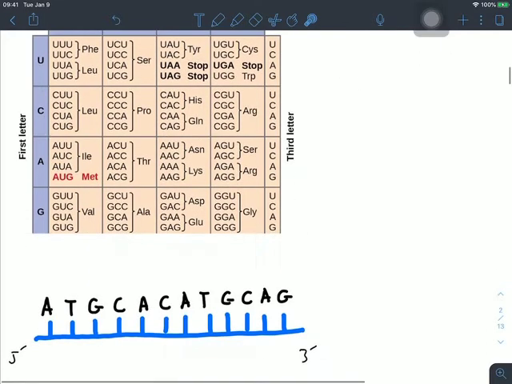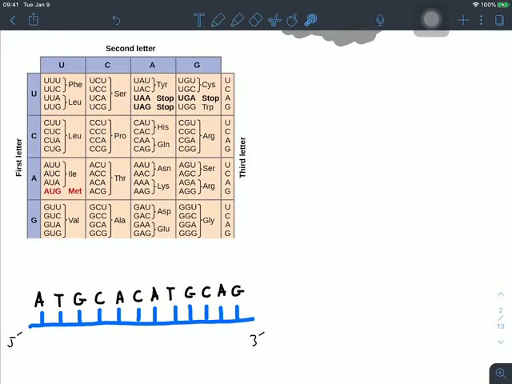For now, let's go ahead and practice doing this process of transcribing and translating our mRNA, given that original sequence of DNA that I gave you just below DNA replication, for consistency's sake.